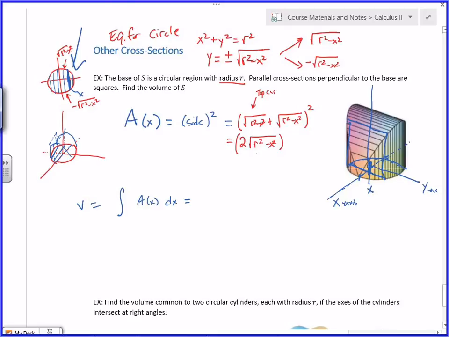Top curve minus bottom curve. But that's now just to get the length of the side, and then because the cross sections are squares, that's why the square is on the outside. So you actually just get 4r squared minus 4x squared. I squared the 2, I squared the square root and canceled, and then I distributed the 4.